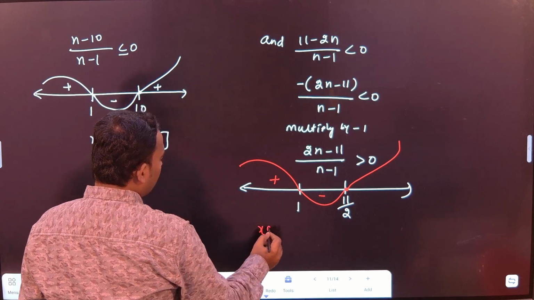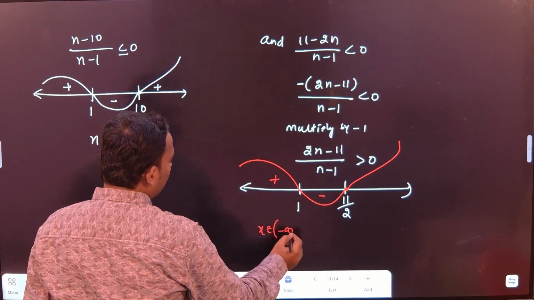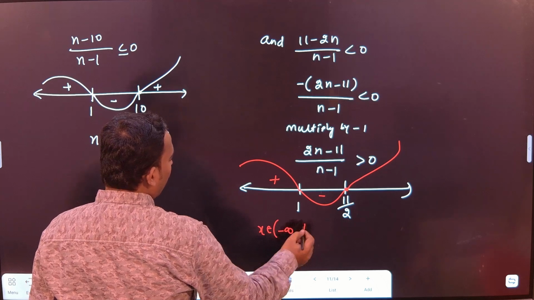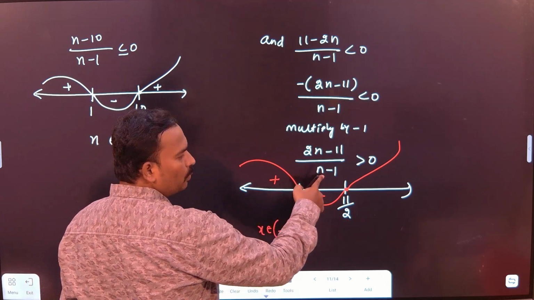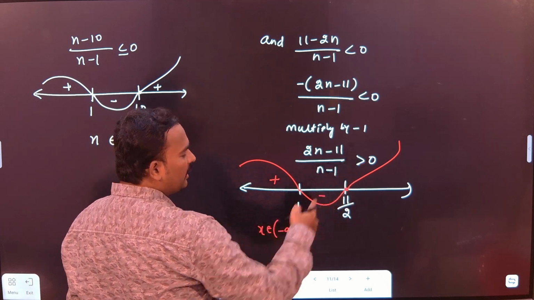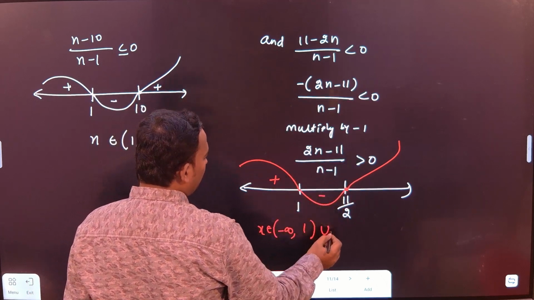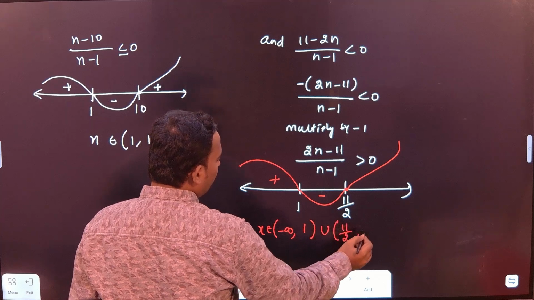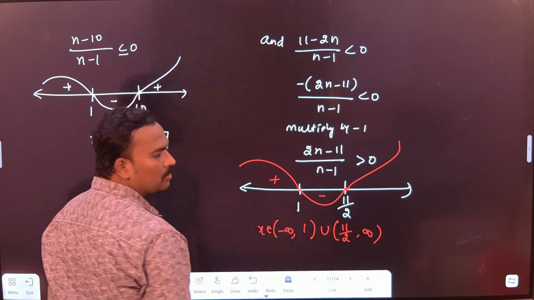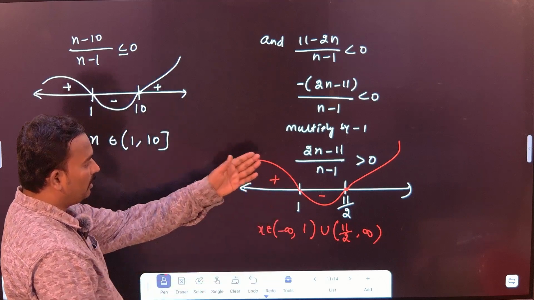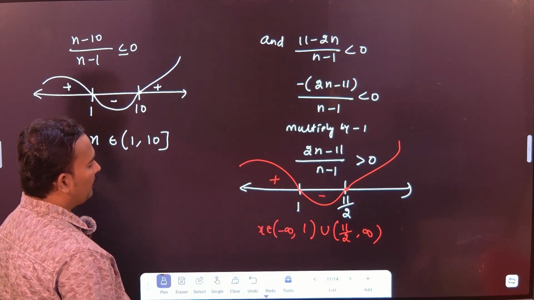So we need x belongs to minus infinity to 1, where 1 is not included, because if you put 1 here the denominator is 0, and we need greater than 0. Union 11 by 2 to infinity; 11 by 2 is also not included, because then it becomes 0.